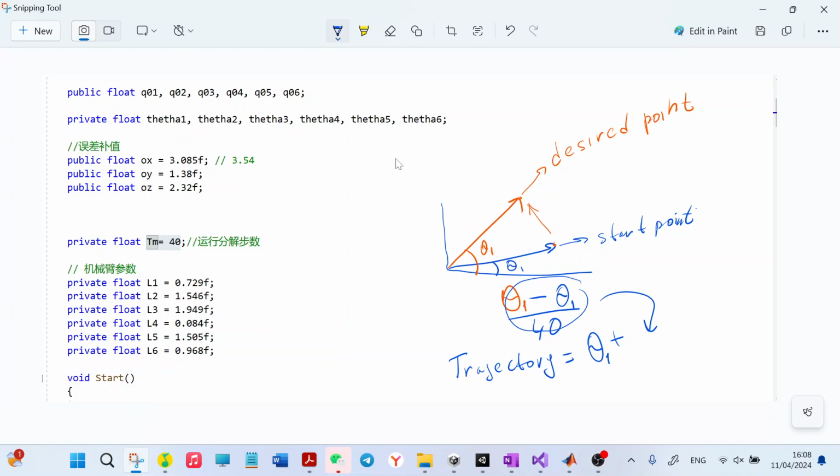So here it just calculates a linear trajectory.